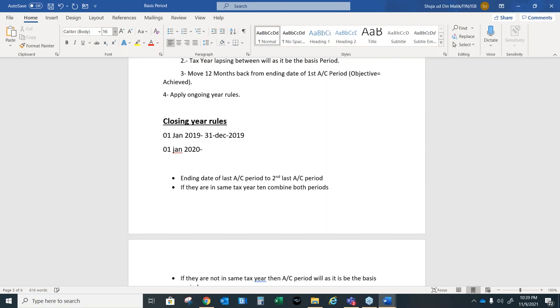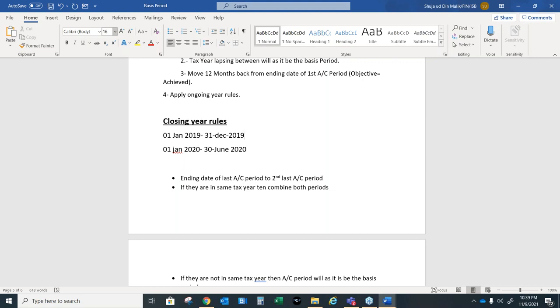But something happened, some problem occurred, some machinery faulted, or any other thing happened, and the business has to shut down on 30th June 2020. See, the business is not following its normal accounting date. The business has ceased on a date that is different from its normal accounting date.